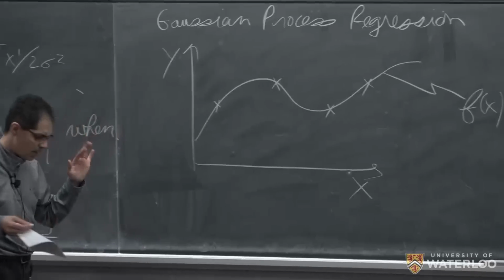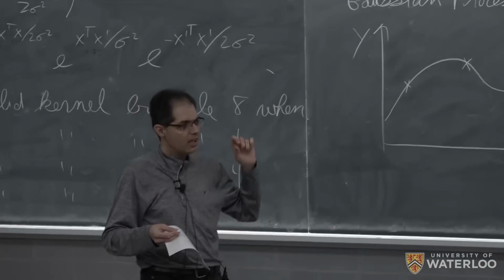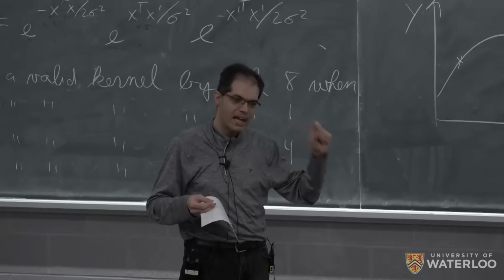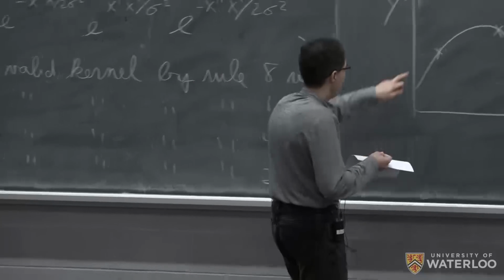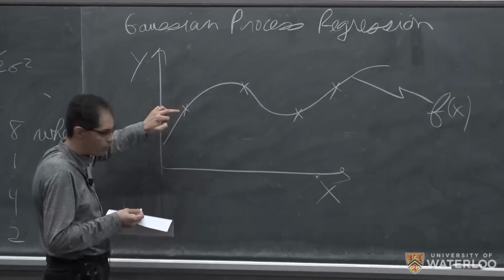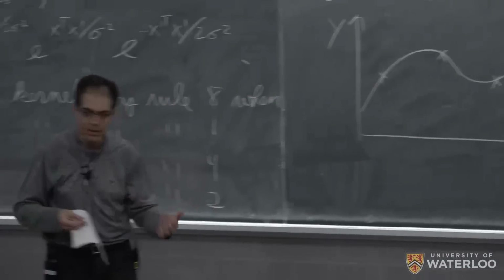Now, what the Gaussian process is going to do is to essentially learn a distribution over what is the outcome of that function at any point. So those points, I observe them. There's no uncertainty. I know the function must go through here if I assume that there's no noise in my measurement.